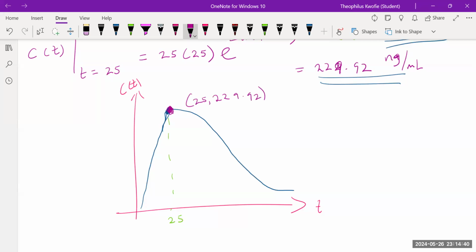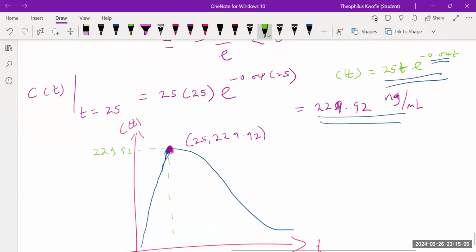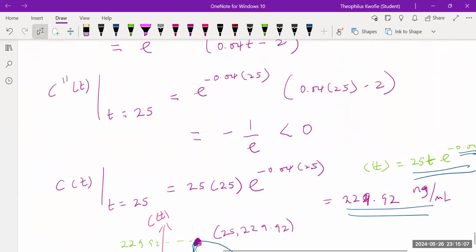And 229.92 is our peak concentration. Let me take my time to write it well. So our peak concentration is 229.92. All right. So we've been able to solve this interesting problem, and I believe that we are now okay with this.